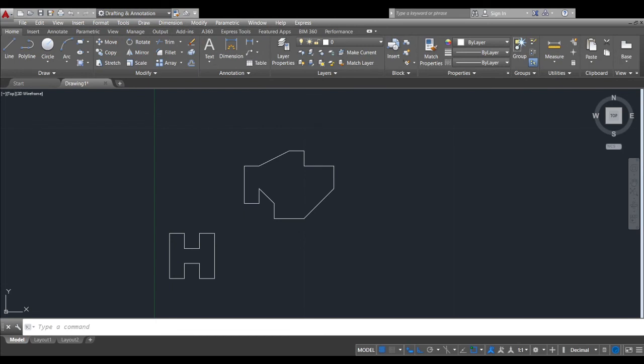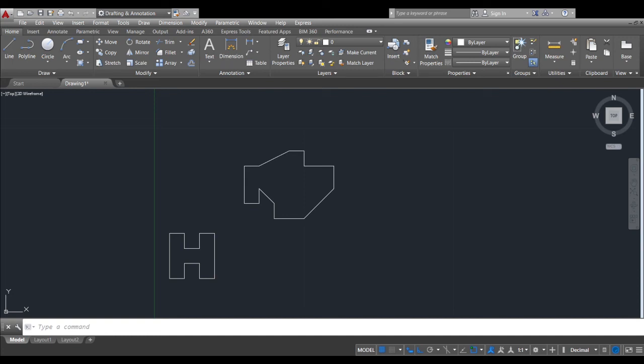Okay, so we're done with 2 exercises. We're going to the third exercise, which is the figure 3. So in the figure 3, we will just use the same method, the absolute coordinate method. And we will enter the absolute coordinates of these points.